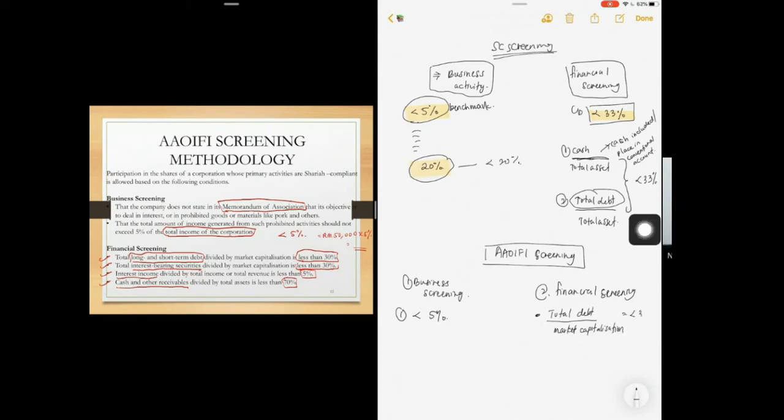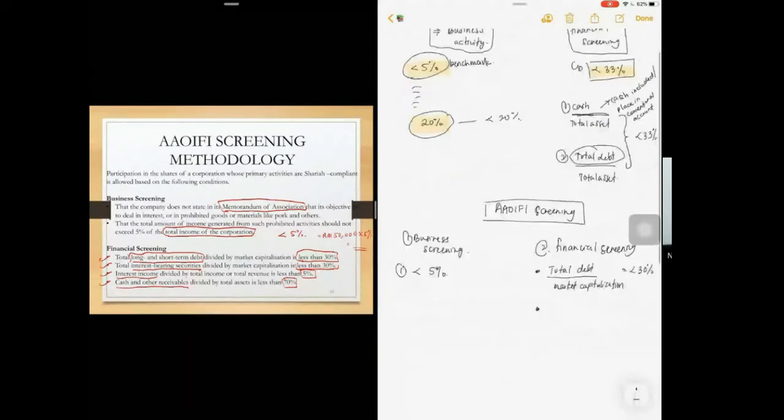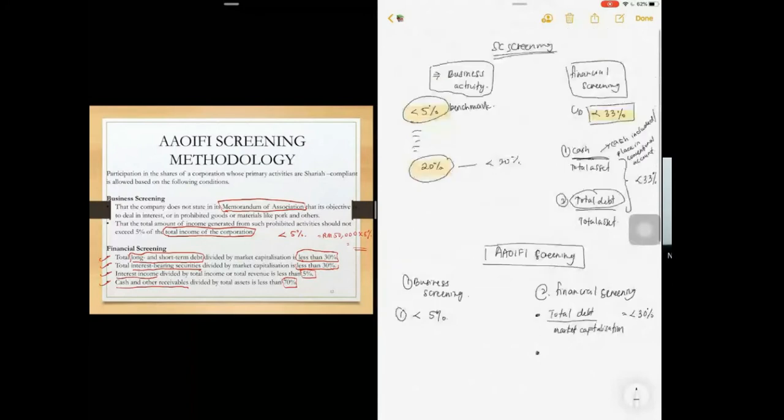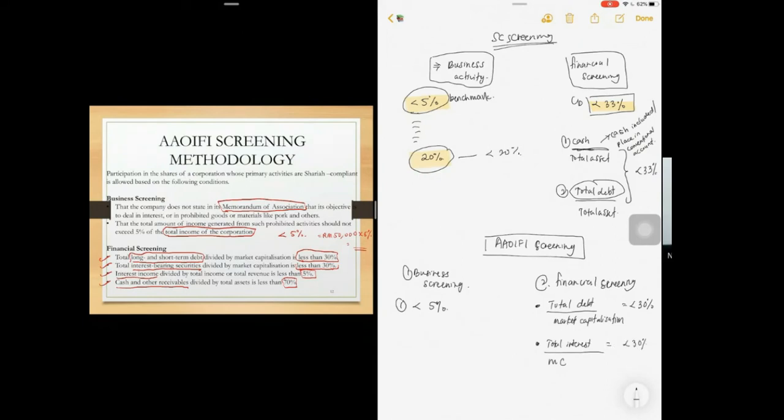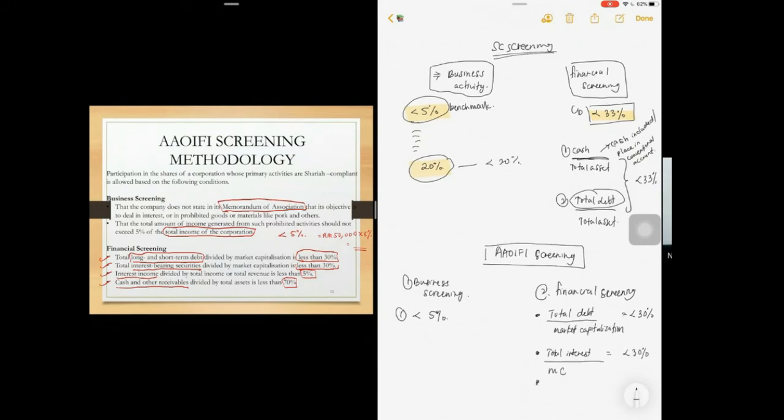Ni must be less than 30%. Sepatutnya awak buat macam ni lah, so that korang boleh nampak ni. Total interest bearing securities, market capitalization less than 30%, and apa lagi, interest income.